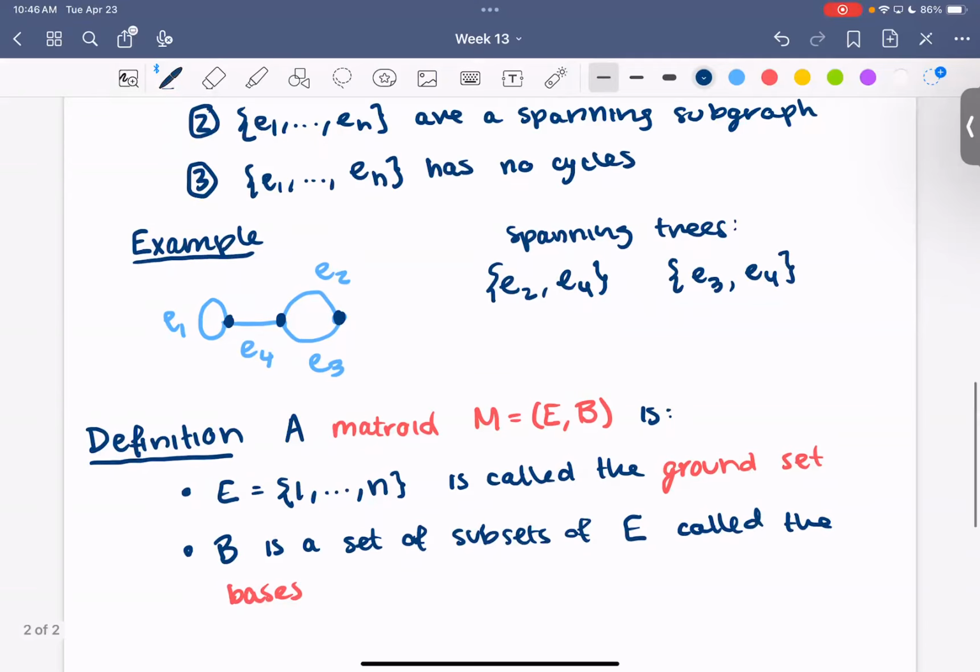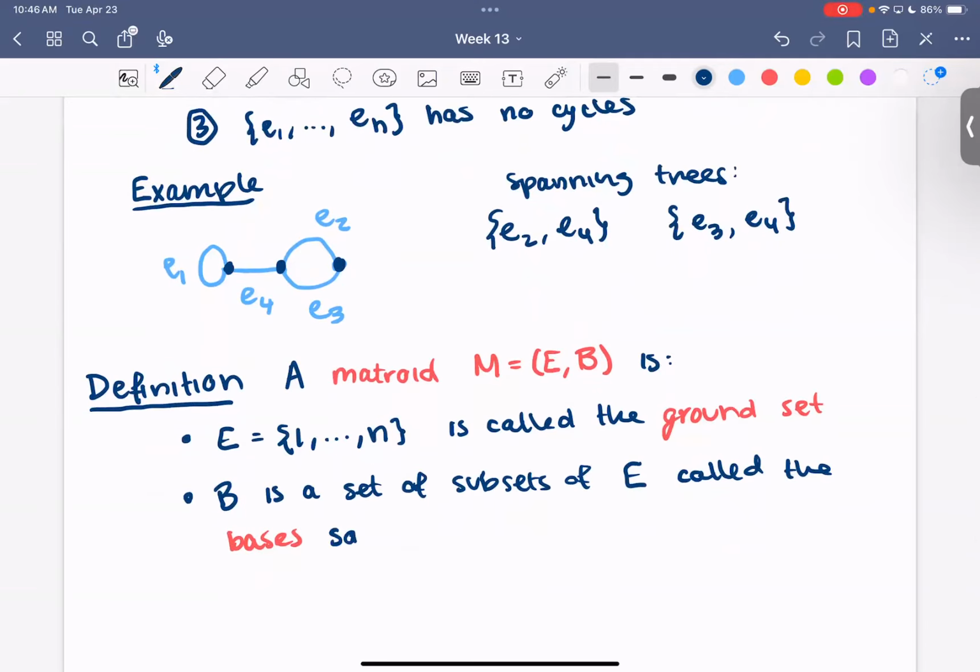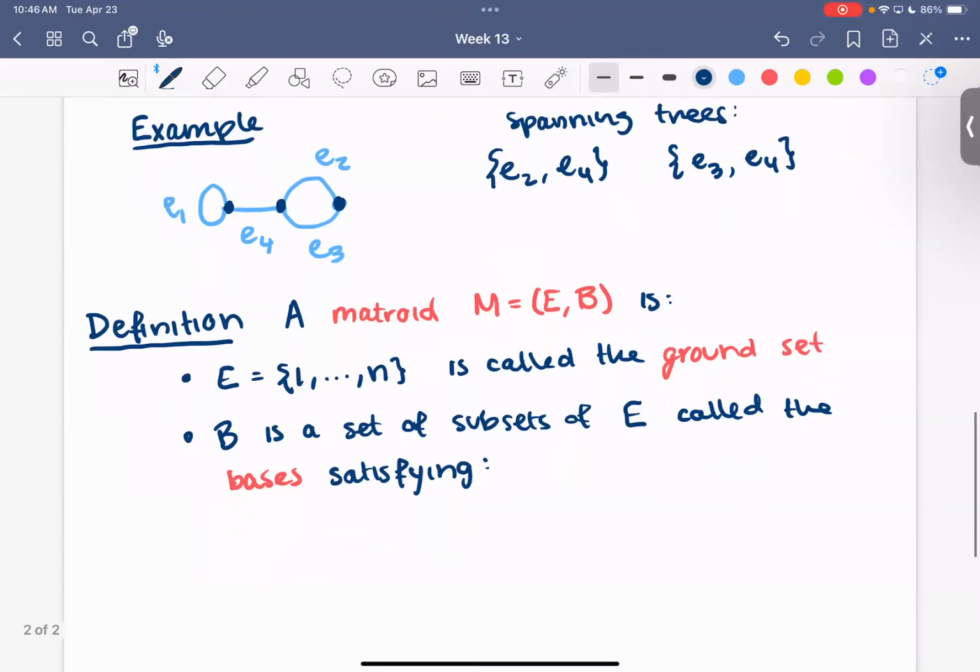And it has to satisfy this condition, which is called the basis exchange condition. I'll just say I find this a little bit difficult to parse, especially the first time you see it, it seems kind of weird. So we'll break it down slowly. So this is the basis exchange condition.